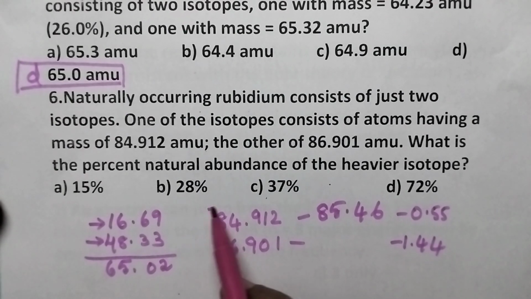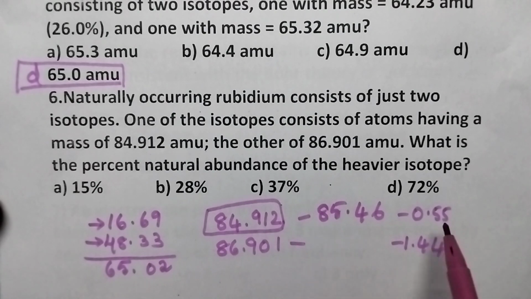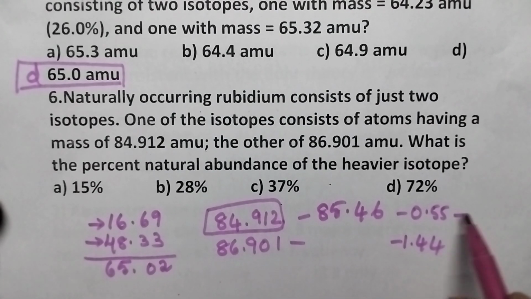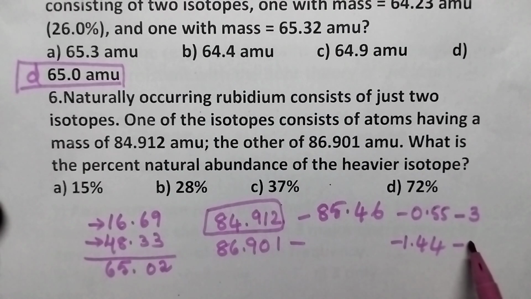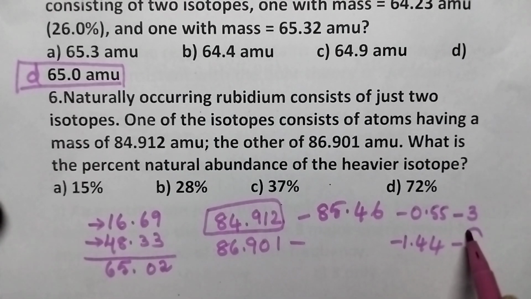That means the lighter isotope will have more contribution. From these two differences, it is very clear that the lighter isotope contributes 3 times the heavier isotope, whose contribution will be 1. That means the percentage of contribution will be around 25%.